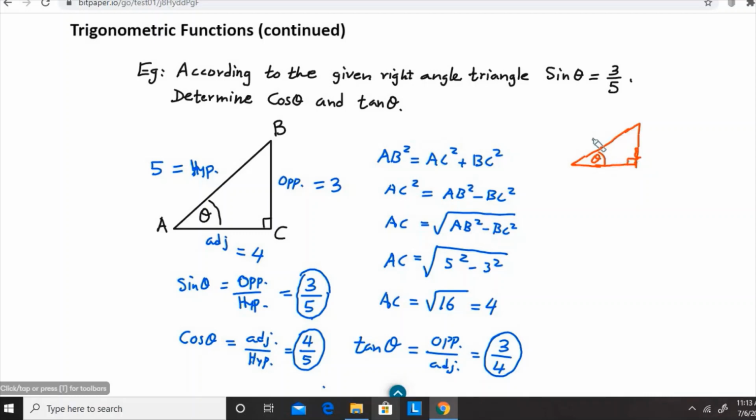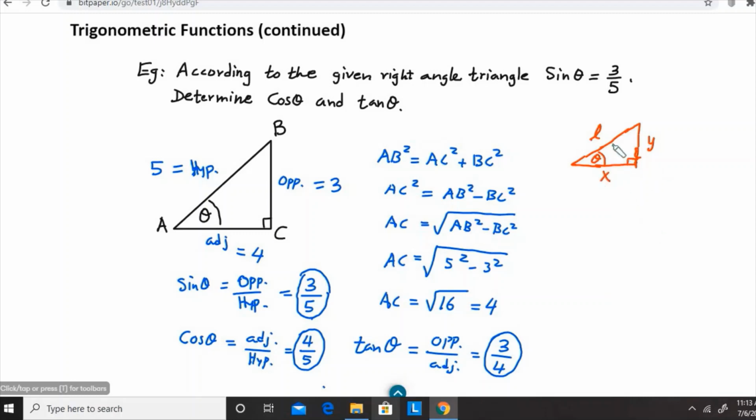Let's say this length is given as L. This is L, and we want to figure out this side, let's call it Y, and this side, it's X.